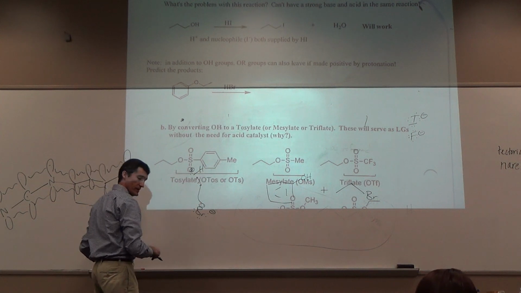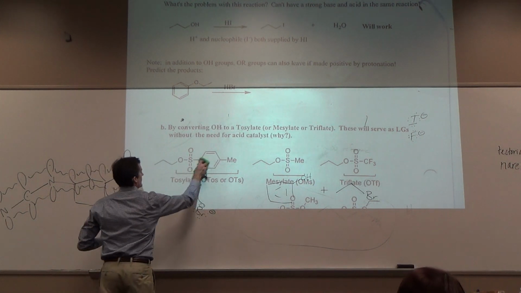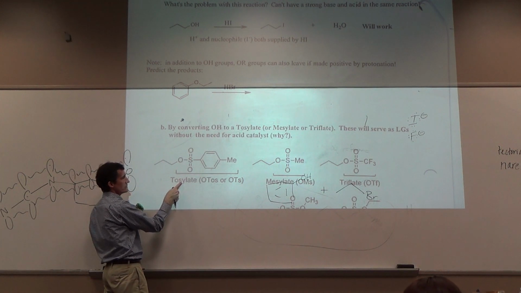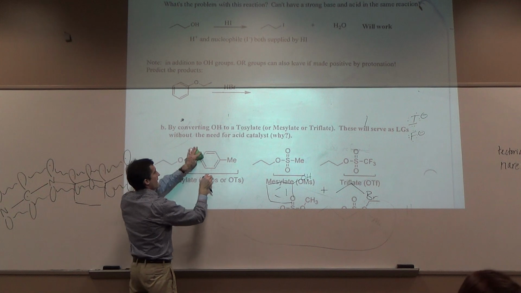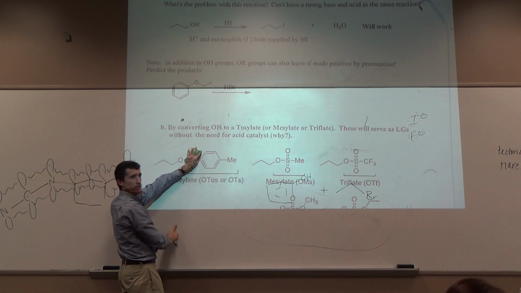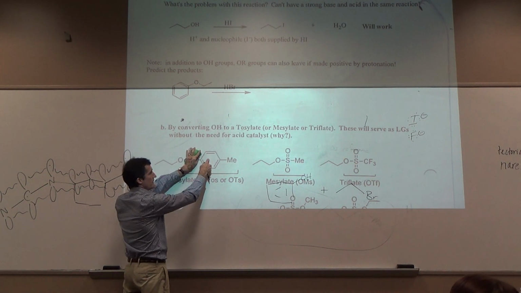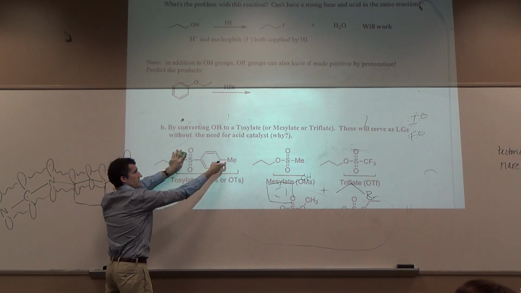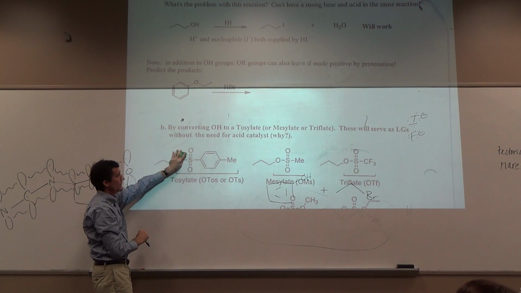Here they're shown. The tosylate is short for toluene sulfonate. We used toluene in lab this week, didn't we? Benzene with a methyl, that's toluene. That's a sulfonyl, so it's toluene sulfonyl.